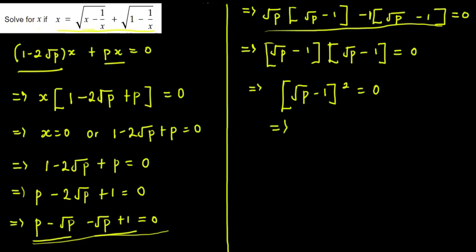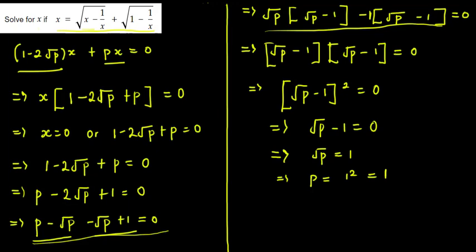And this implies that root p minus 1 must be equal to 0, which implies that root p will be equal to 1. Now if I square both sides, I'll have that p is equal to 1 squared, which is equal to 1.